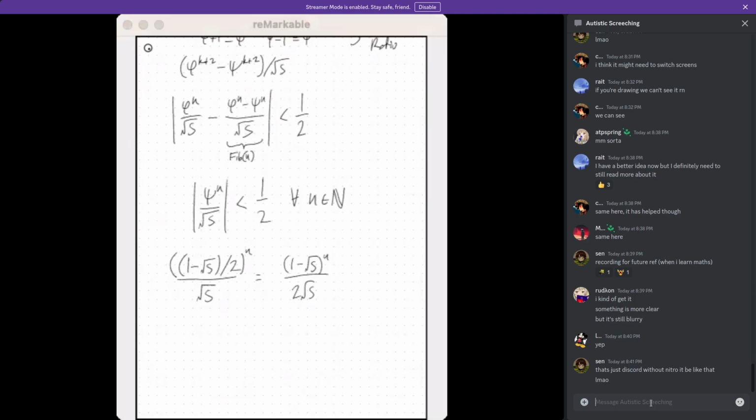So we know that radical 5 is less than 3. For reference, square root of 5 is equal to 2.23606, etc. It's an irrational number.